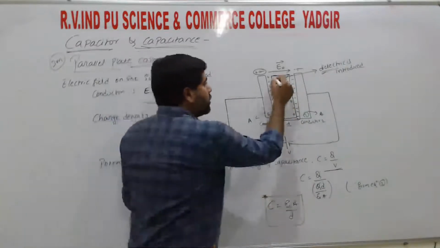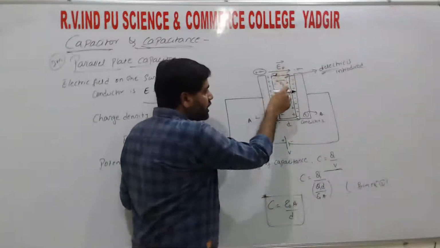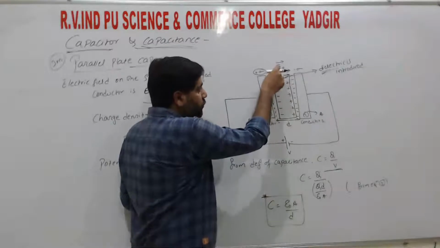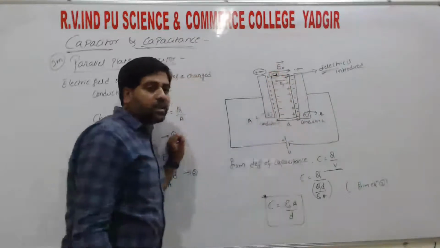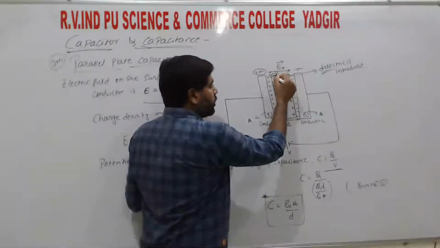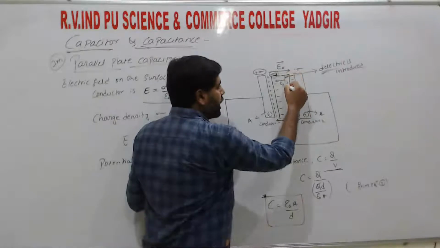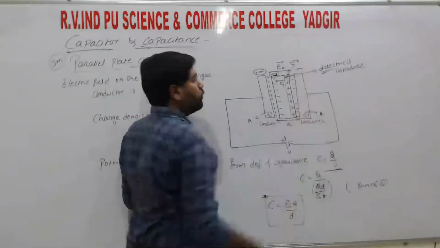Now sigma p is the surface charge density in the dielectric due to the polarization. Here we have minus, hence minus sigma p, and here we have plus, hence plus sigma p.